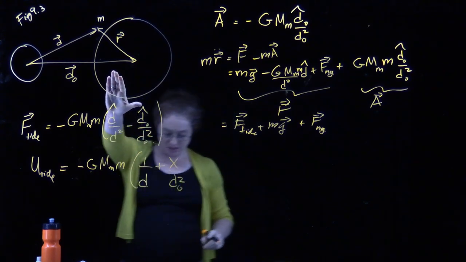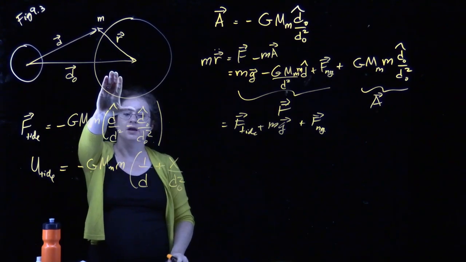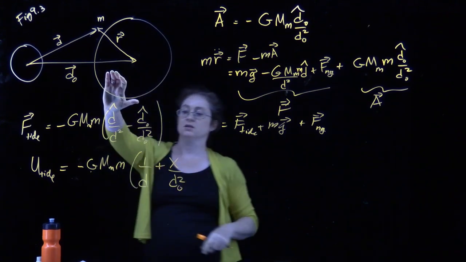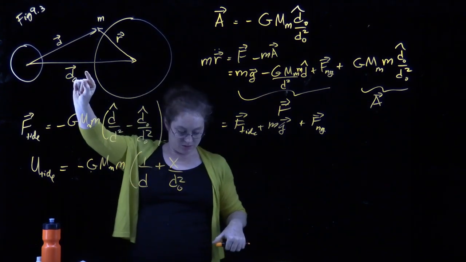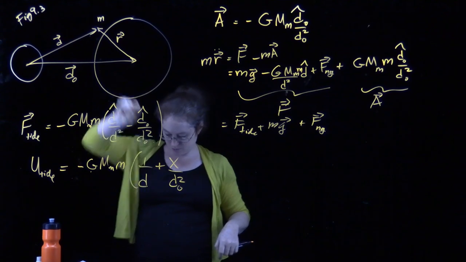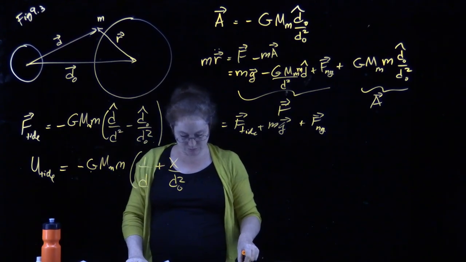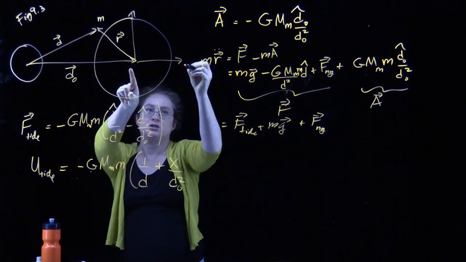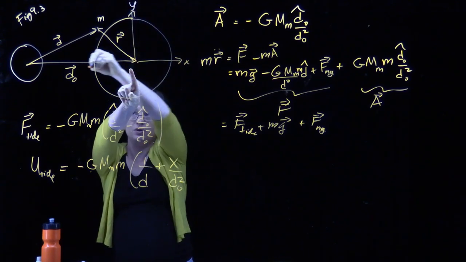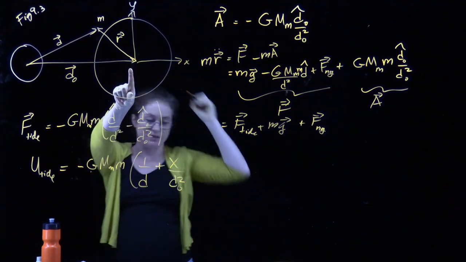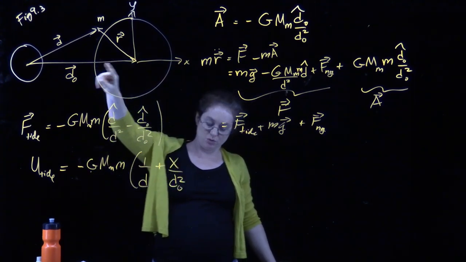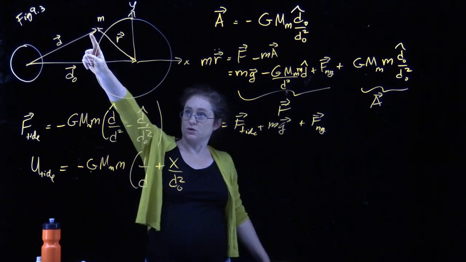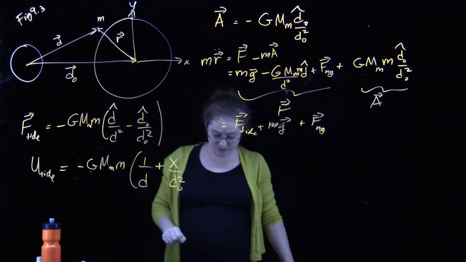Here the d naught is a constant. This x position, we follow the book's notation, x, y. We're only integrating along the x position. So we're going from here to that position there, which has the position x.